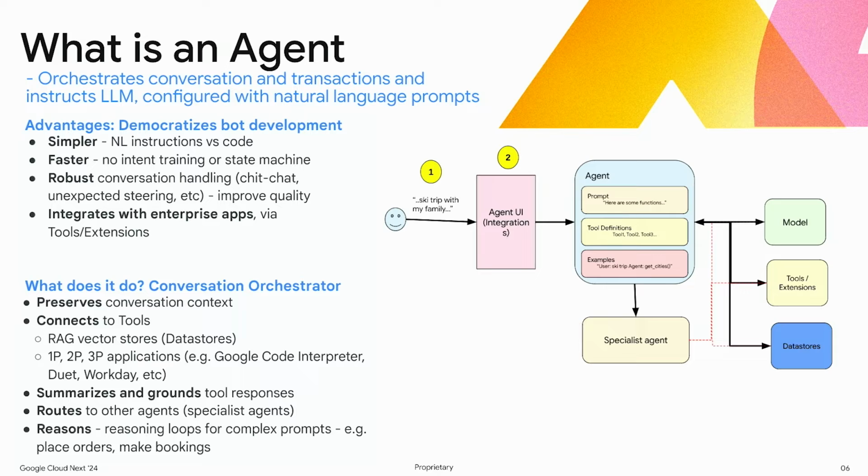For one, it's simpler because you're using natural language instructions versus code. It's also faster because you don't need to define state machines or do intent training. It also supports robust conversation handling, and it integrates with various enterprise apps. So this has actually democratized bot development.